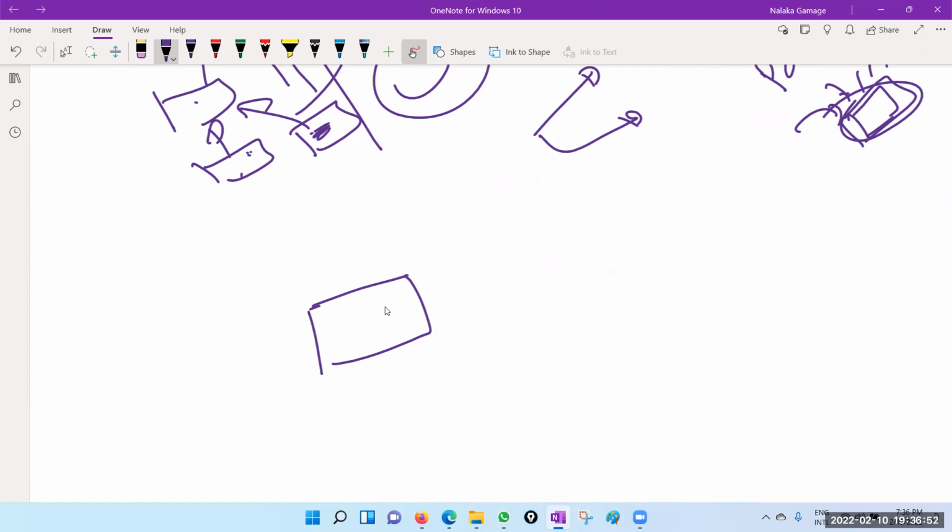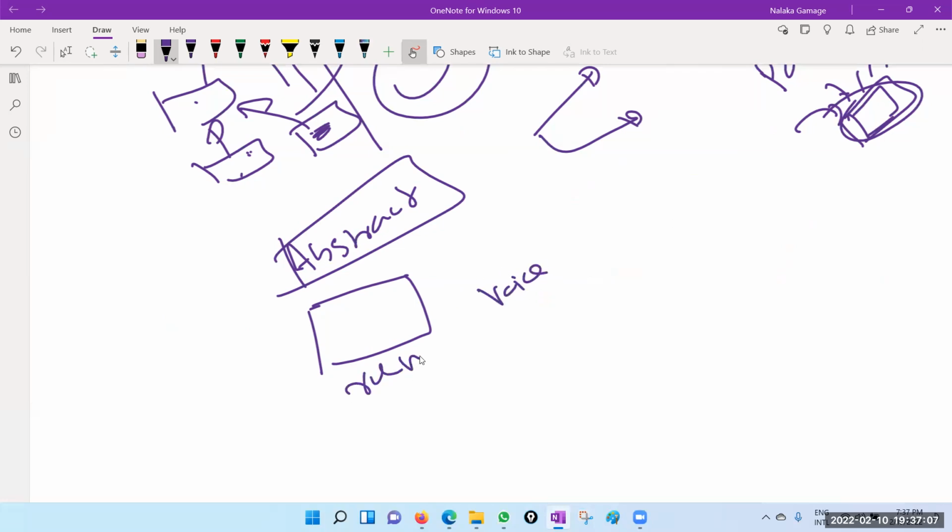traditional telephone. So then you have to first abstract it. You have to ask, what is a phone? So a phone is a remote voice communication device. Let's forget about even SMS for the time being.